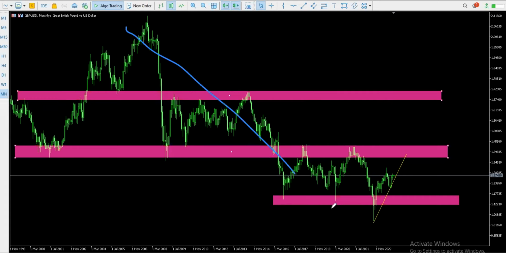So the overall trend is downward. So what are we going to be looking for? We're going to be looking for sales. And the market moves from zone to zone. So that's why he will wait for this market to come to this zone, break of counter trend line, or a reversal pattern on a lower time frame, not higher time frame, before taking the trade.